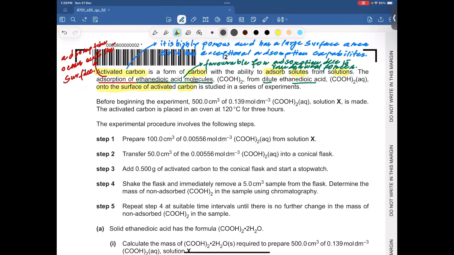So ethanedioic acid molecules is adsorbed onto the surface of the activated carbon. And technically, it has a series of steps. Before beginning the experiment, 500 cm³ of 0.139 mol per dm³ aqueous ethanedioic acid solution X is made. Okay.